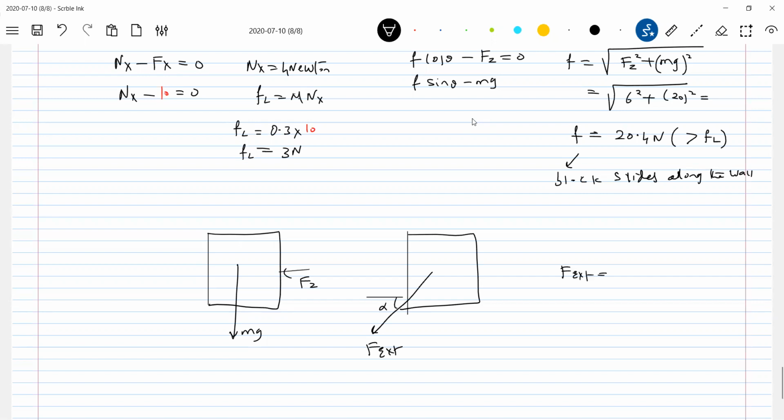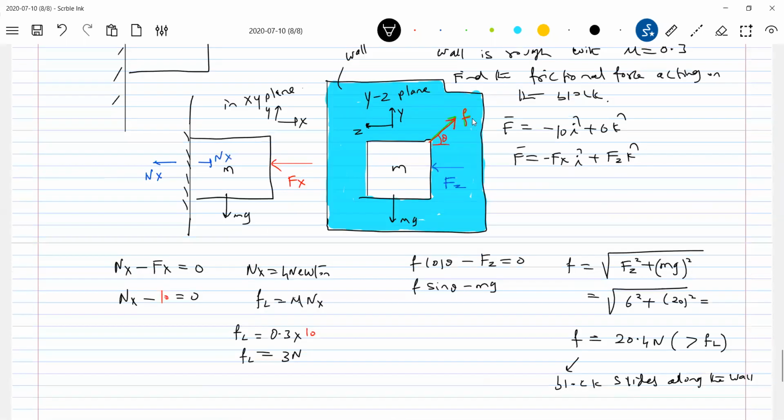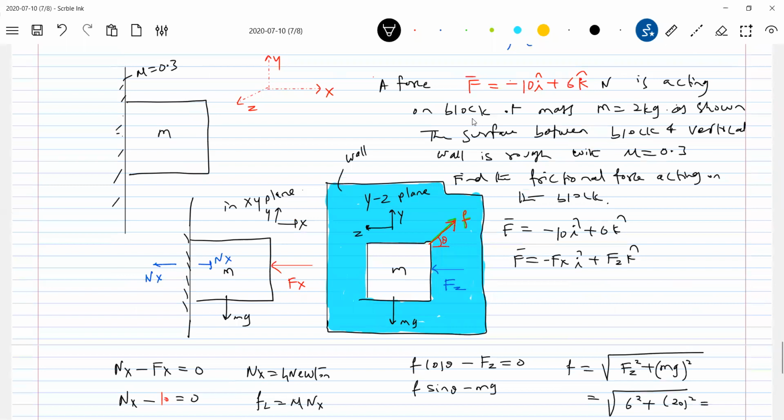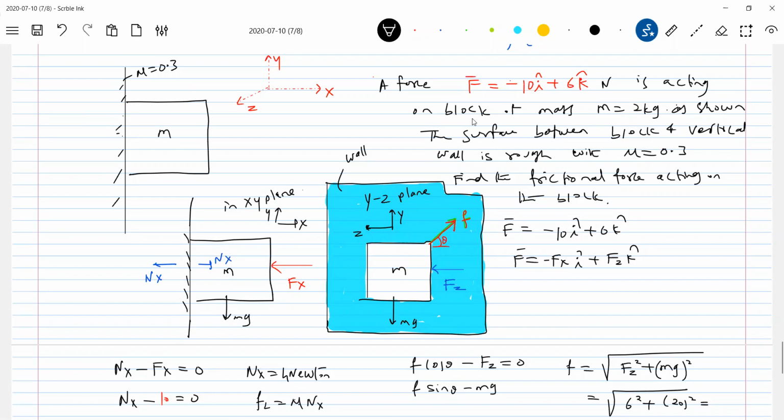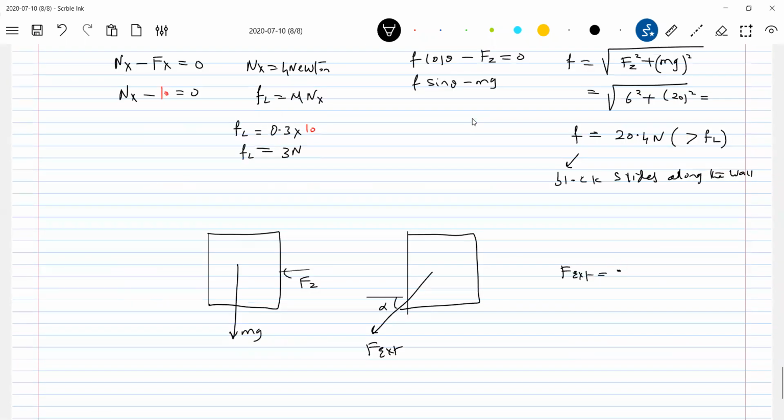F external should be equal to, what are the axes? These are y and z, minus y and z. So F external should be equal to minus mg j cap plus Fz k cap.